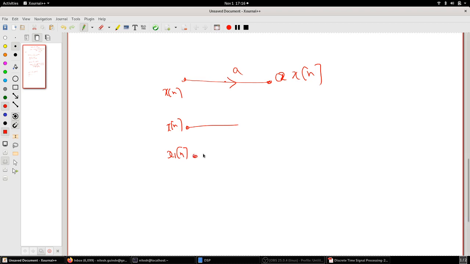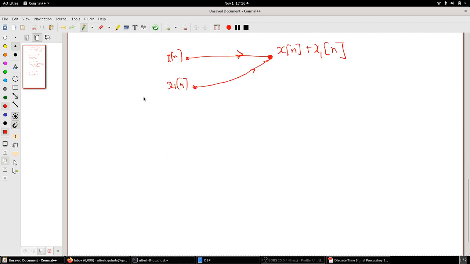When I have this kind of signal flow graph representation, this is coming in, this is coming in, this is the arrow here. Both converge at this particular node. So the value at this node will be x of n plus x1 of n. So this will be the signal at this particular point.